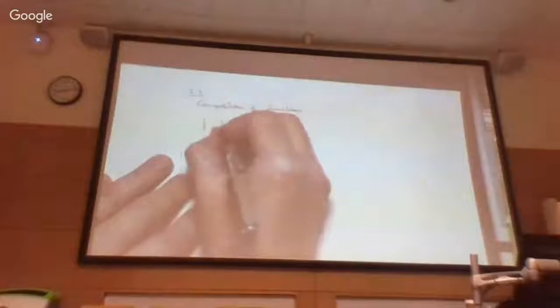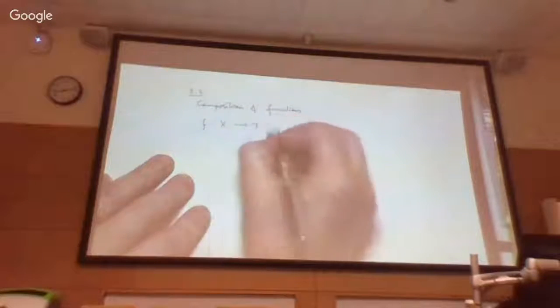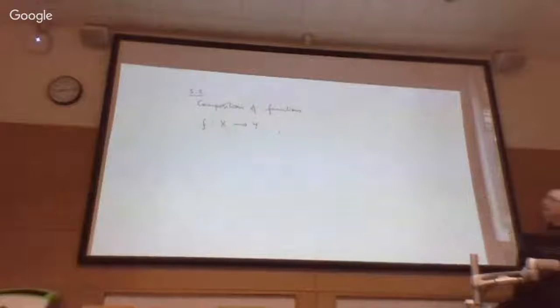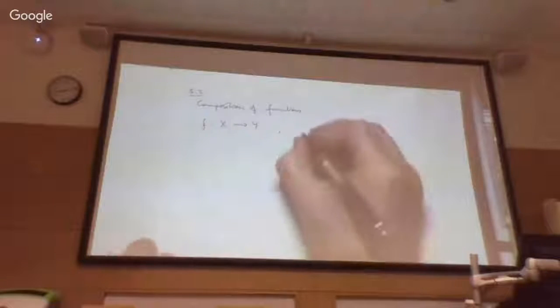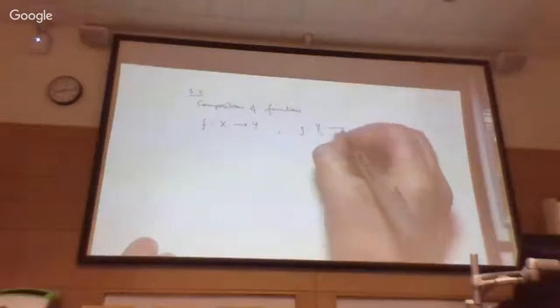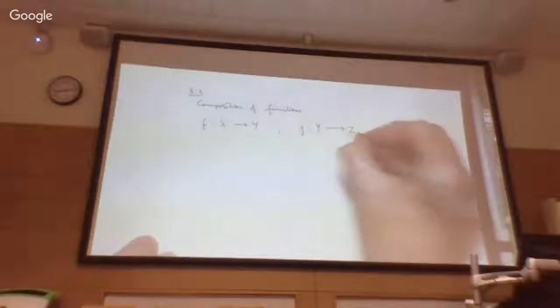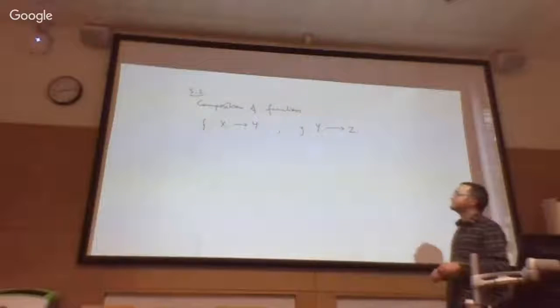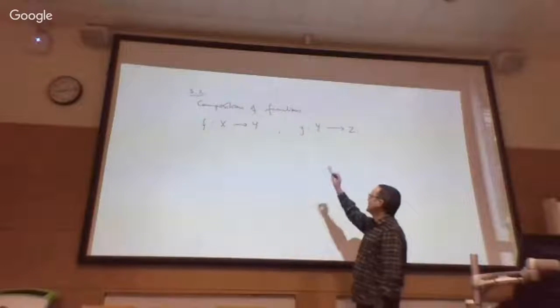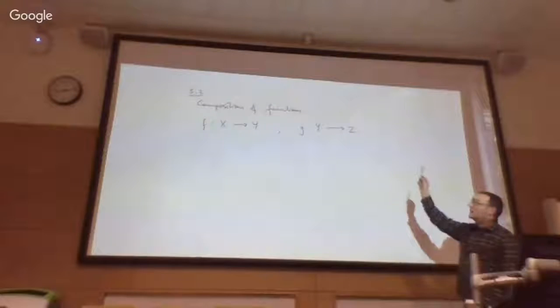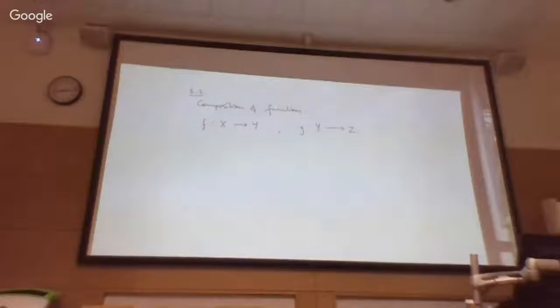We can apply it when we've got a function f from some domain x to some codomain y, and a function g, crucially, going from the same set y to some other set z. So f takes you from x to y, and g takes you on from y onto z. This is the situation where we can perform this operation called composition of these two functions.